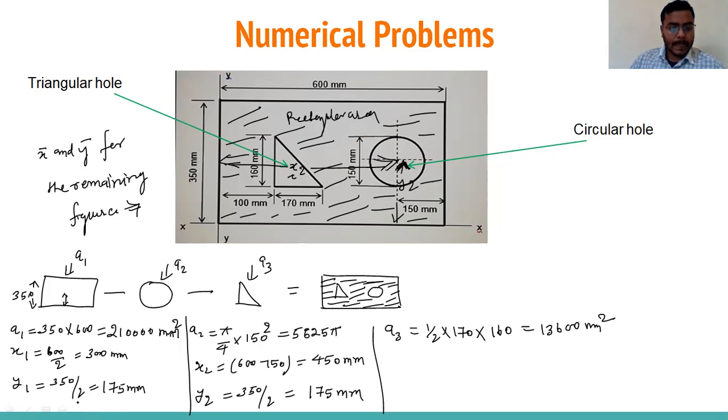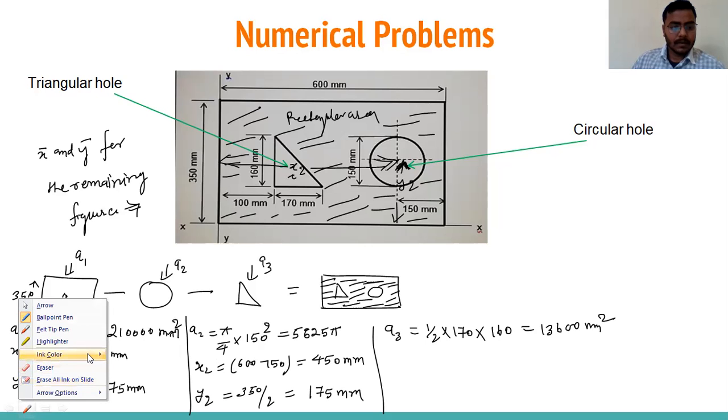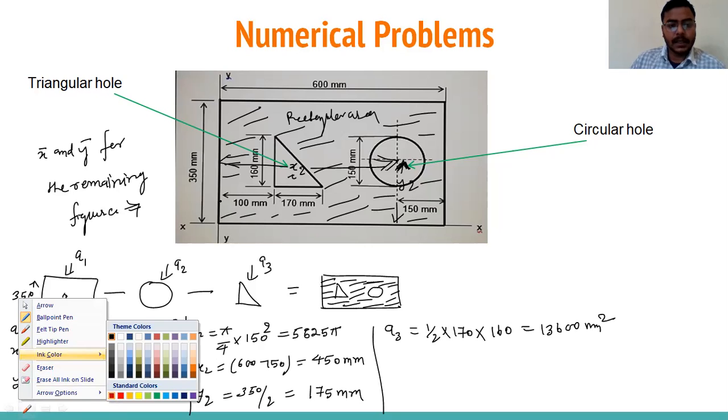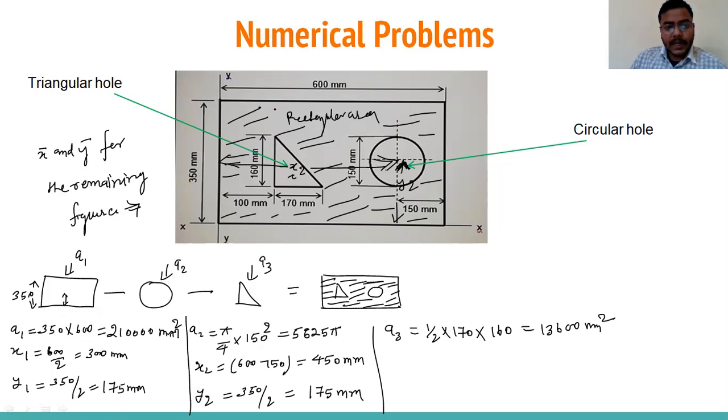Now see, this is also placed at the center. So 160 is this one, and the total is 350 mm. What will be the value of this one?